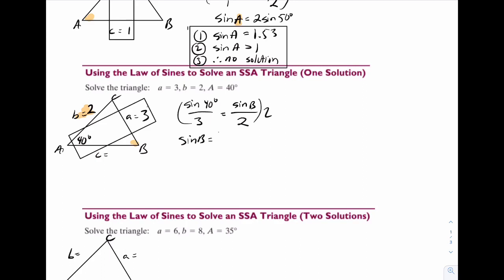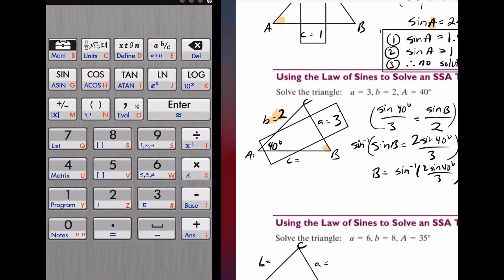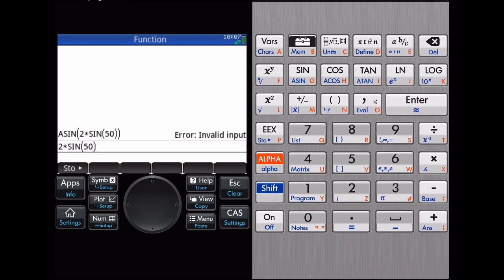Sine of B must be 2 sine 40 over 3. And then we got to sine inverse this thing. So B should be the sine inverse of 2 sine 40 over 3. Now on your calculator, I'm going to show you this part because I want to make sure you guys can do it. Make sure you type it in exactly as it showed.